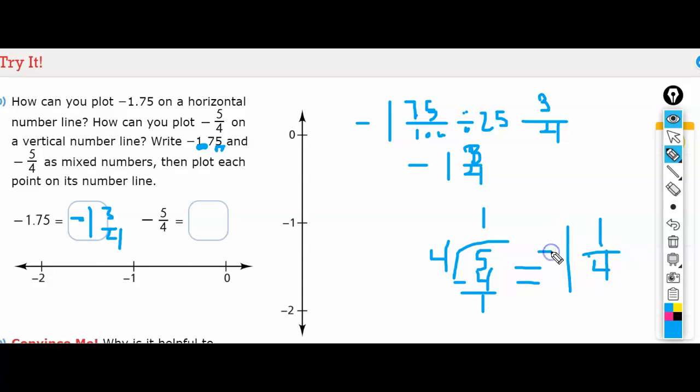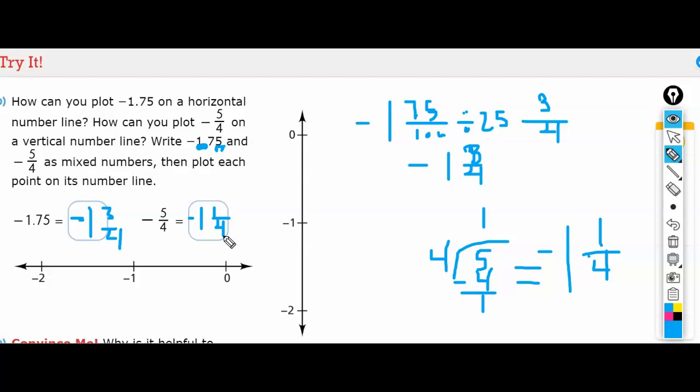So, and it's negative. So we have negative 1 and 1/4.